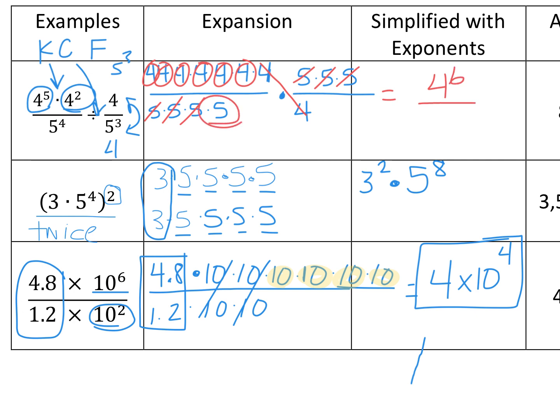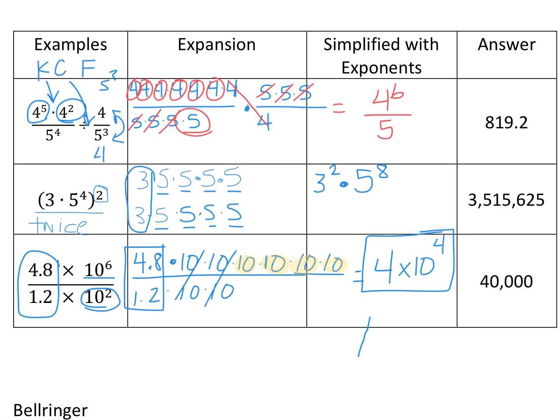Over on my denominator, I only have a 5 left. And I promise you, if you put 4 to the 6th over 5 in your calculator, you will get 819.2. So on your practice, focus on writing everything out so you can see what's happening and crossing things out so you can eliminate them and then write what is left. Have a great day.